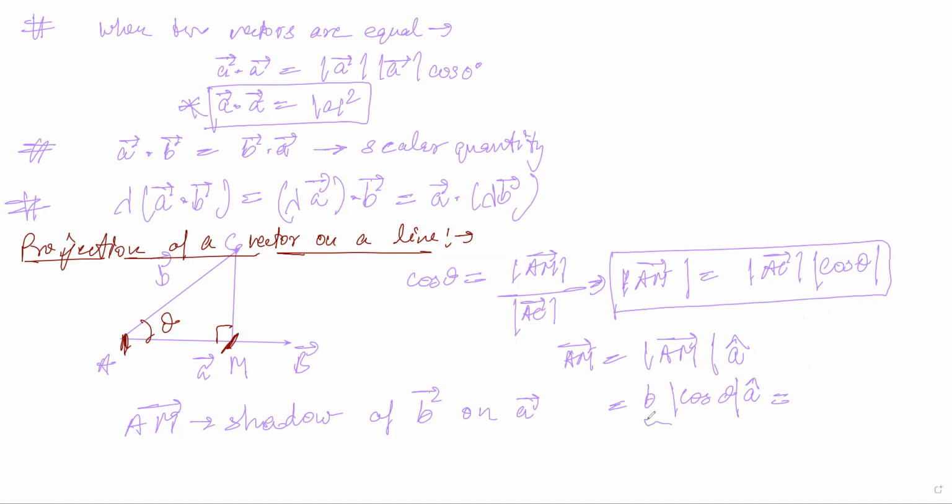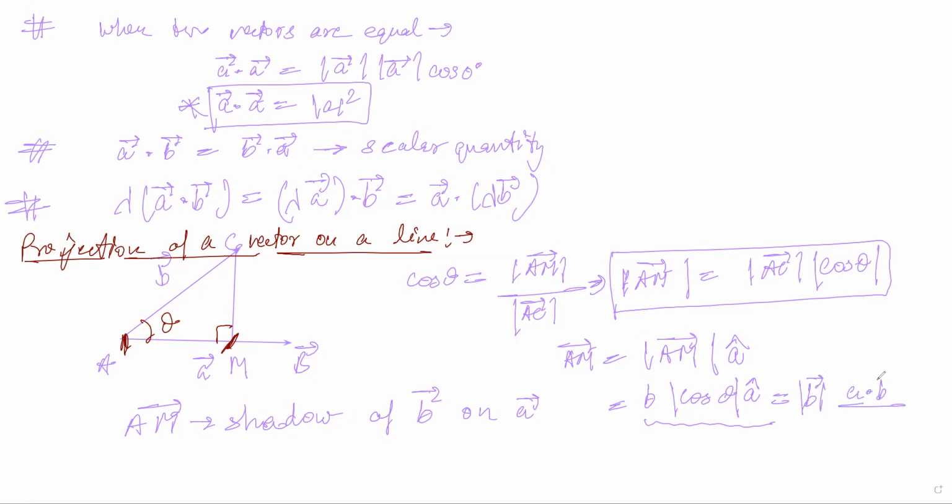I mean, using this and using the previous formula, do you have the value for cos theta? Cos theta is A vector dot B vector divided by mod A mod B.